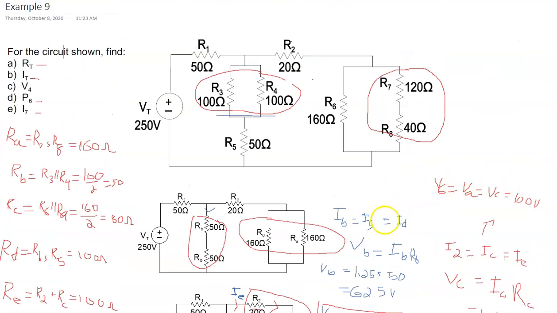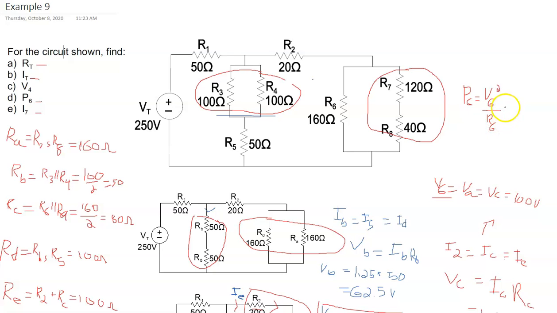And so because we know V6 then, we can say now that P6 is equal to V6 squared divided by R6.